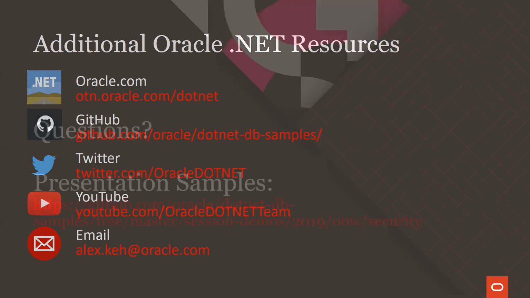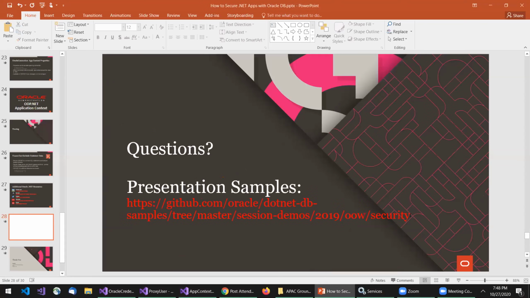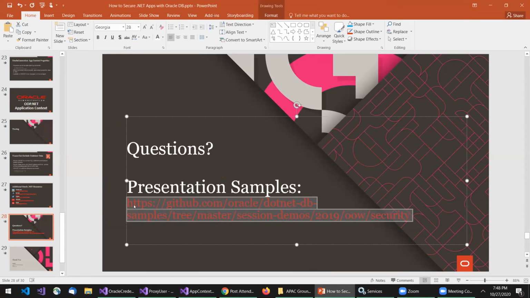So the place to find these presentation samples is here. And why don't I copy and paste this to the chat so everyone will have a copy. I can't post to the Q&A, so let me see if there's some other place I can. Oh, here, chat. I found it. So I will send it to all panelists and attendees.